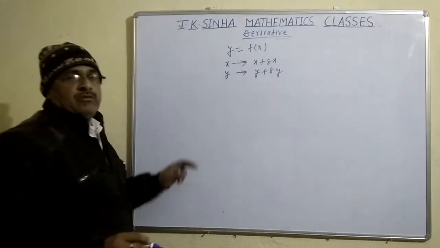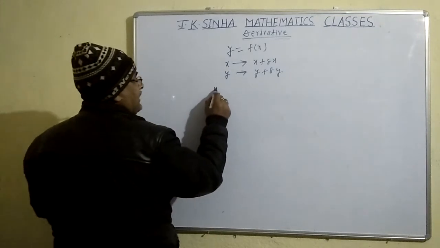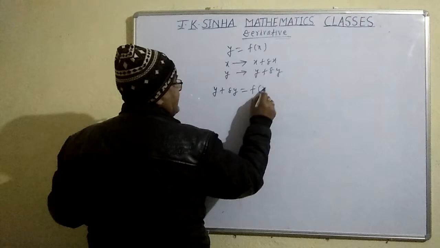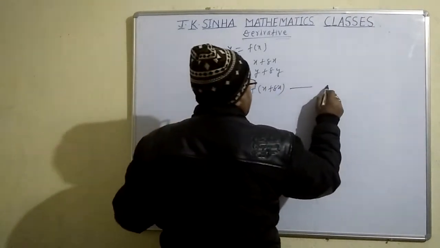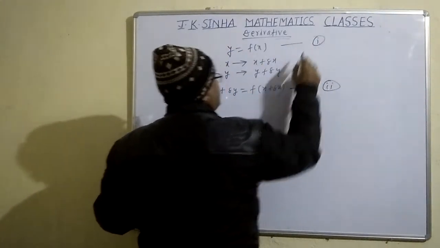Now we have a new function in the form y plus del y equal to f of x plus del x. Suppose this is equation second and this is equation first.